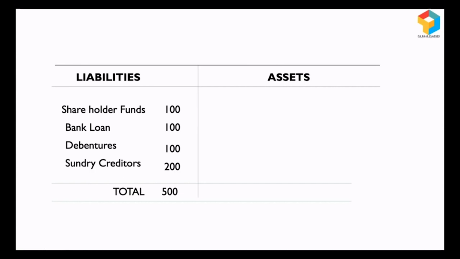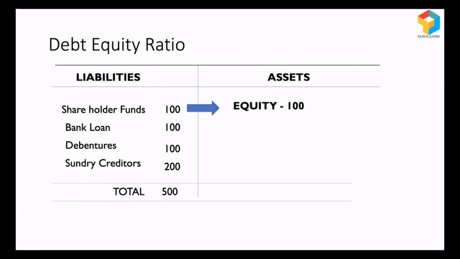Now let us not look at the asset side because our focus is on the debt equity, that is outside liabilities and equity. So what we have to do now is we have to compare the debt with equity. So what is equity? Equity is basically the owner's money, which is 100 million, and debt in this case, that is outsiders money, bank loan, debentures, sundry creditors, all three put together is debt 400 million.